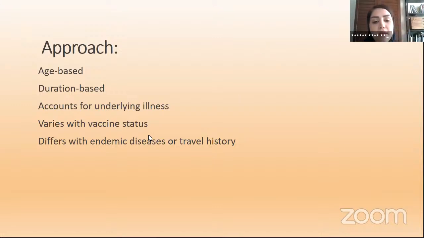Okay, for example, in patients with HIV, you should think about PCP in these patients, especially when their lungs are affected. Another thing is, for example, vaccine status in Iran.